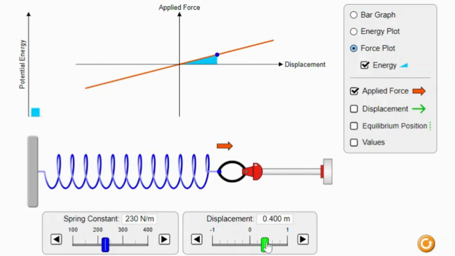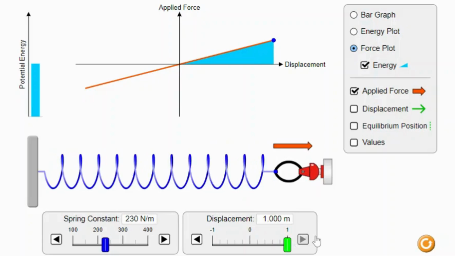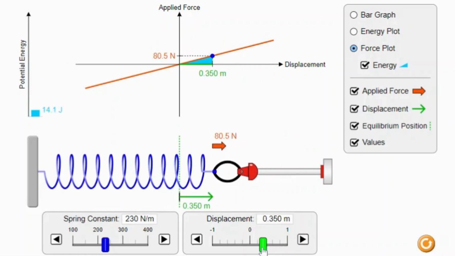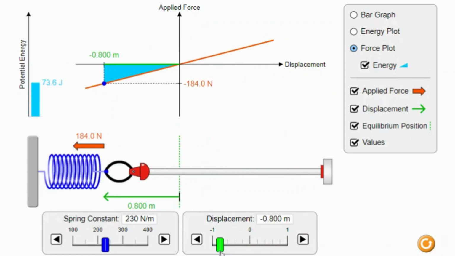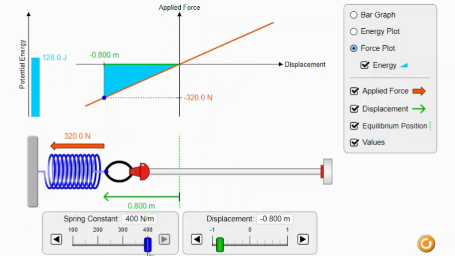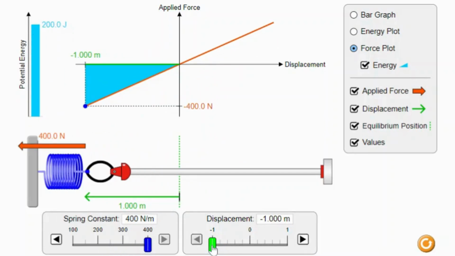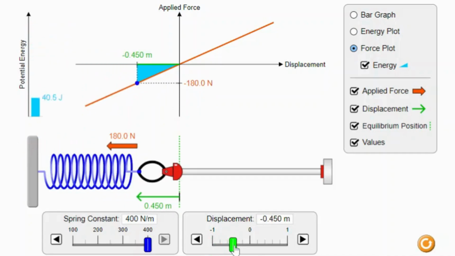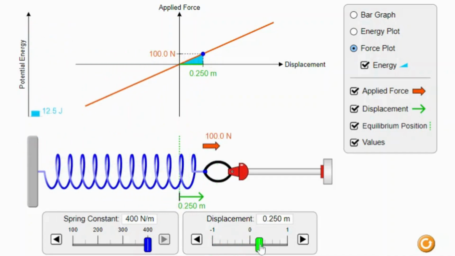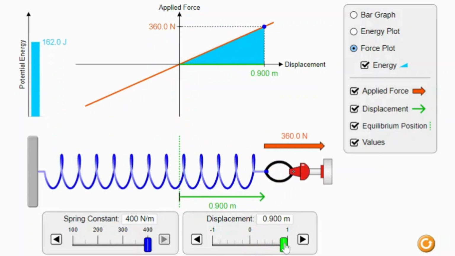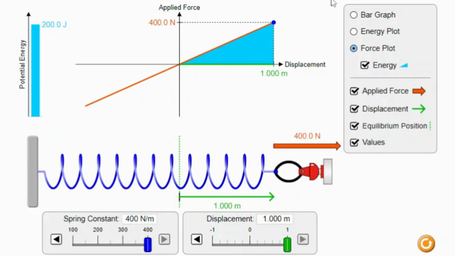By allowing students to investigate how the applied force, spring force, and effective spring constant change when two springs are connected in series or parallel, and how these changes affect the potential energy stored in the spring, the simulation provides a hands-on learning experience that enhances understanding of these fundamental concepts. This interactive approach not only makes learning more enjoyable, but also fosters critical thinking, problem-solving skills, and a deeper appreciation for the relevance of these principles in the real world.